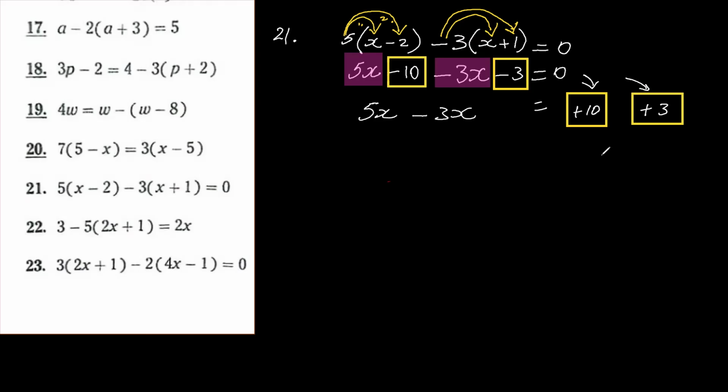I'm seeing you have negative 7, but it's actually 10 plus 3. Everybody okay with that? So now it is 5x minus 3x equals 10 plus 3. So everybody should have 2x in a new line equals 13.